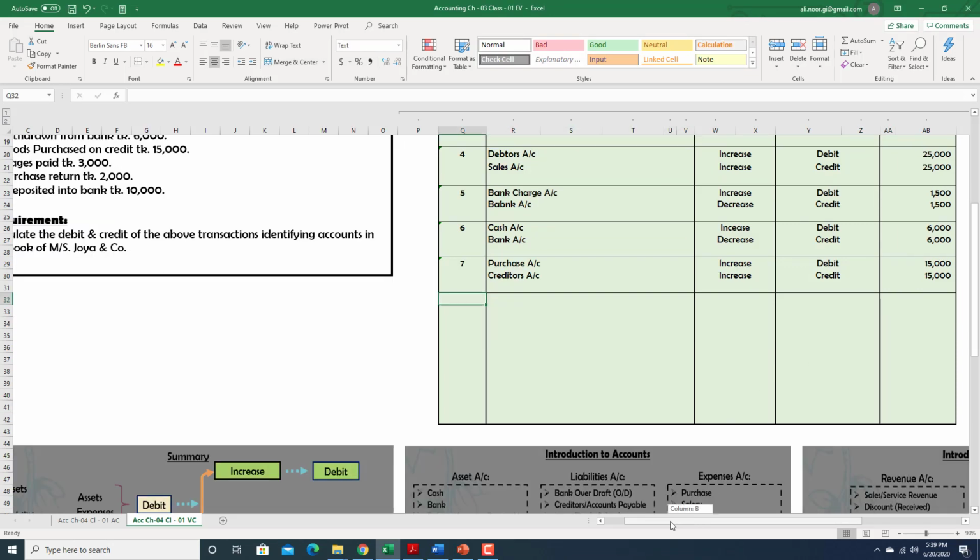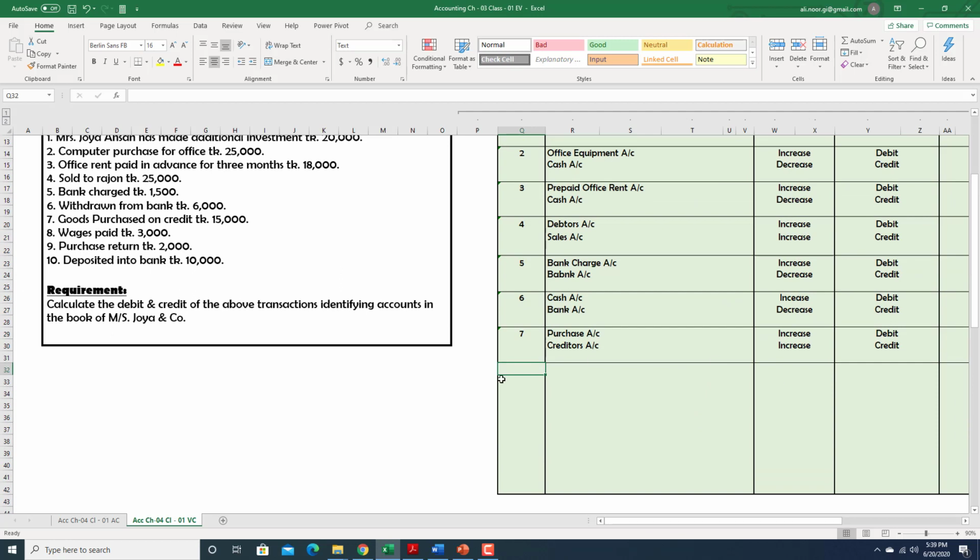Now number 8. Wages paid taka 3,000. Paid means we have an expense. So any transaction where we paid something, that means we have an expense.